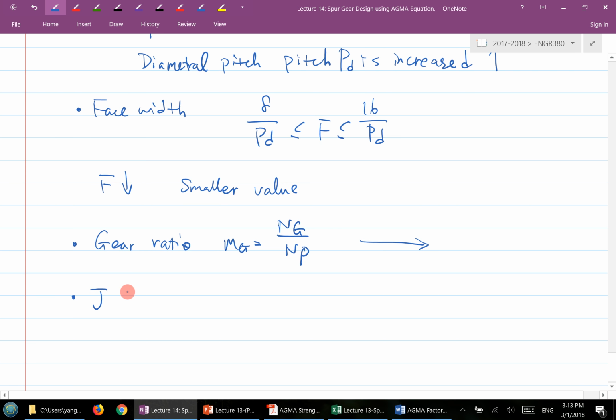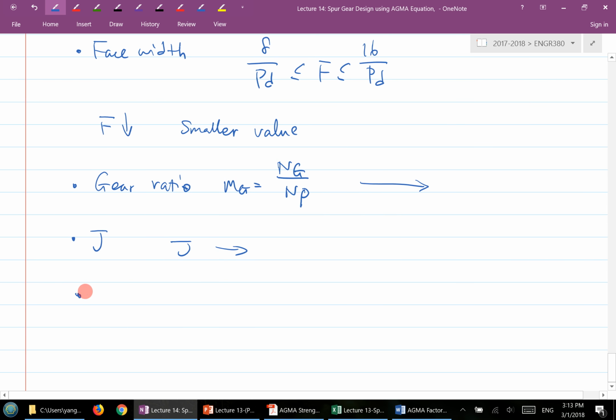So you won't see any physical change in terms of the geometry form. So basically the J value will not change if you keep NP and NG the same. So that's this part here, for the J. And then the pitch diameter, dP and dG.